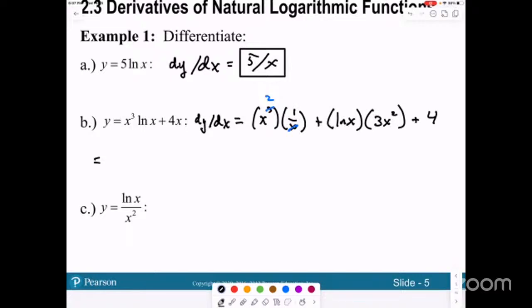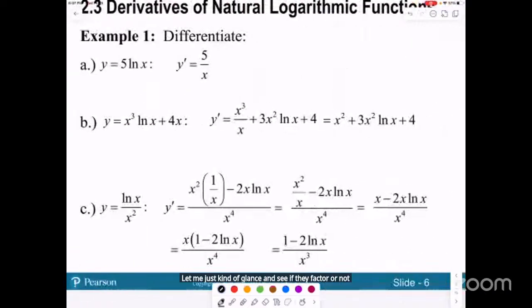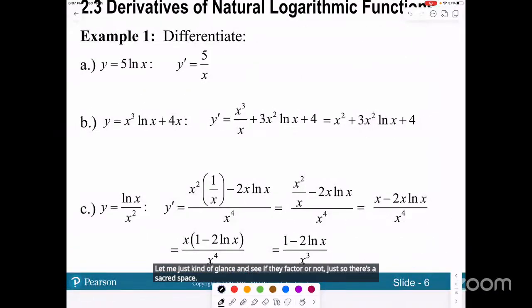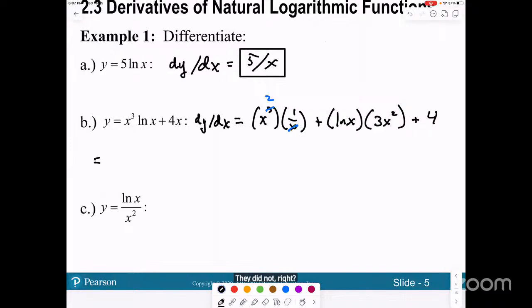Okay, I'll go ahead and factor it out. Let me just glance and see if they factor or not, just for the sake of space. They did not, right? So we're just going to take this. So we got x squared plus 3x squared natural log of x plus 4.